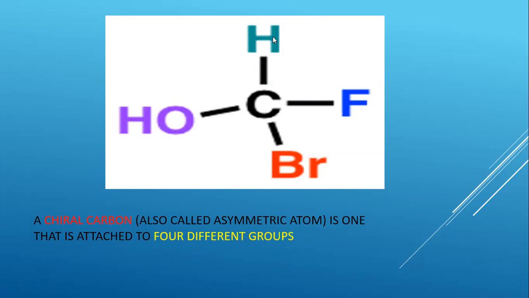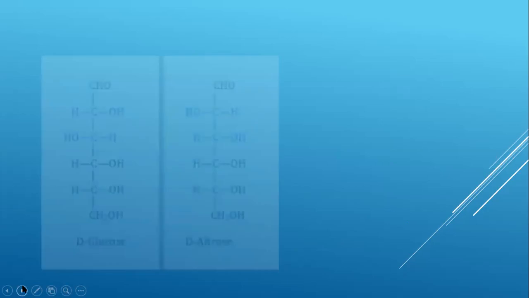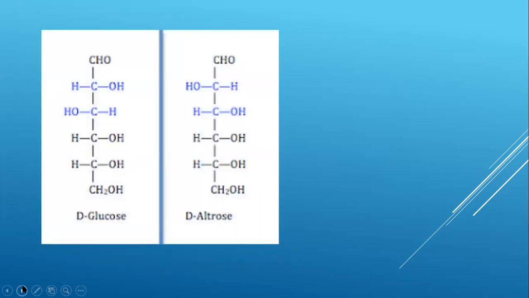A hydrogen is attached to it, a fluorine atom, a bromine atom, and of course a hydrogen atom. So there are 4 different atoms. So it is also called an asymmetric atom. This is what brings about the stereoisomerism we're talking about in most of these organic compounds.